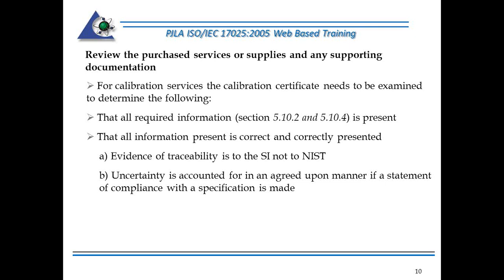If they take this into account by a method that you don't accept, you have to have knowledge of that and have the opportunity to reject that, in which case the lab could decide to satisfy your requirement as to how you want this done, or if not, then you would find another calibration source.